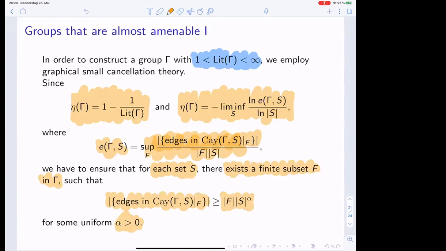In order to do it, we have to use all the tools from graphical small cancellation theory, and that is the part that Dominik Gruber took care of. I think it's some joint ideas, but the technicalities are nothing that I'm really familiar with.